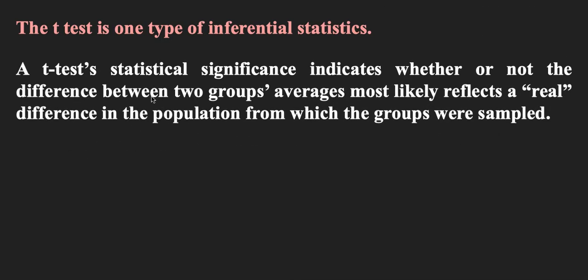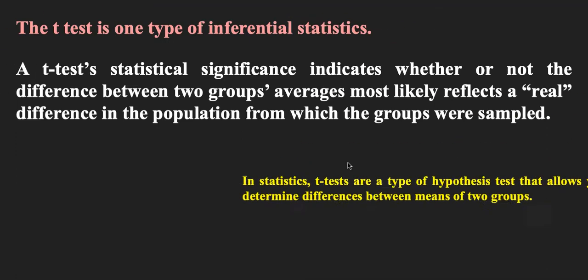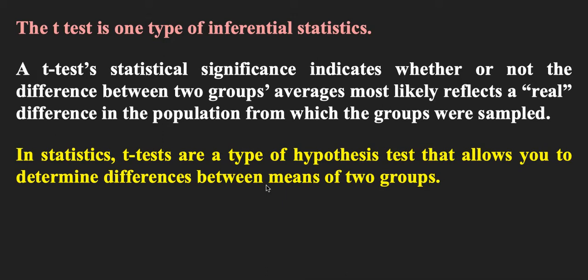Then, with a t-test, statistical significance indicates whether or not the difference between two group averages most likely reflects a real difference in the population from which the groups were sampled. So we have a population, from that population we take a sample, and in that sample we have groups. We are going to find whether there is a difference in the means of those groups. T-tests are a type of hypothesis test that allows you to determine differences between the means of two groups.